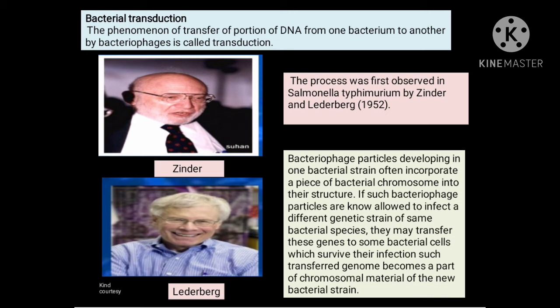If such bacteriophage particles are now allowed to infect a different genetic strain of the same bacterial species, they may transfer these genes to some bacterial cells which survive the infection. Such a transferred genome becomes a part of the chromosomal material of the new bacterial strain.